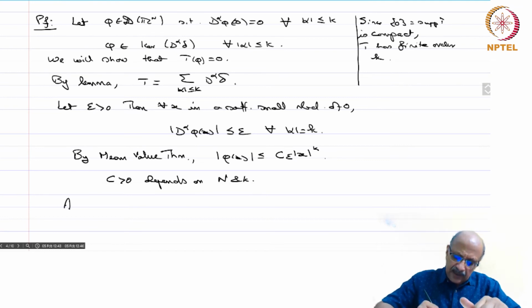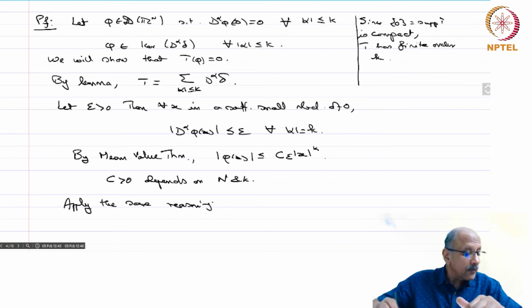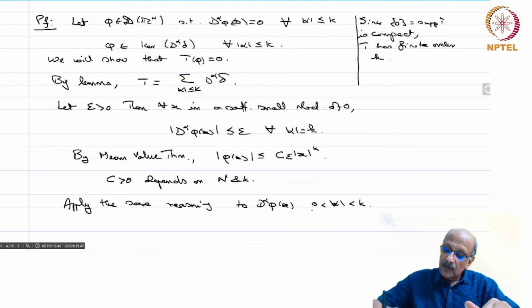Now apply the same reasoning to D^alpha phi of x, where 0 is less than mod alpha less than k. We have actually done it for 0, so now we apply it.